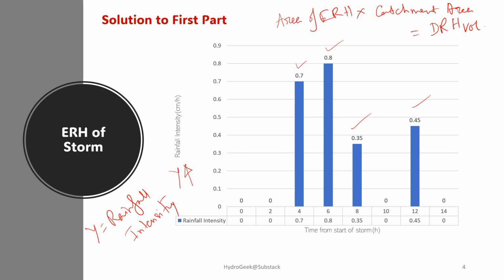This is rainfall intensity: for 1 hour, how many centimeters of rainfall has taken place. That is what they represent in a hydrograph. Now, if you deduct the initial loss and infiltration loss from the total rainfall and then draw this hydrograph, you get the effective rainfall hydrograph represented by ERH.